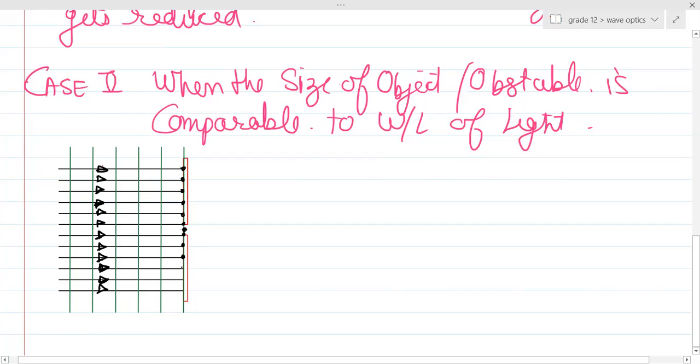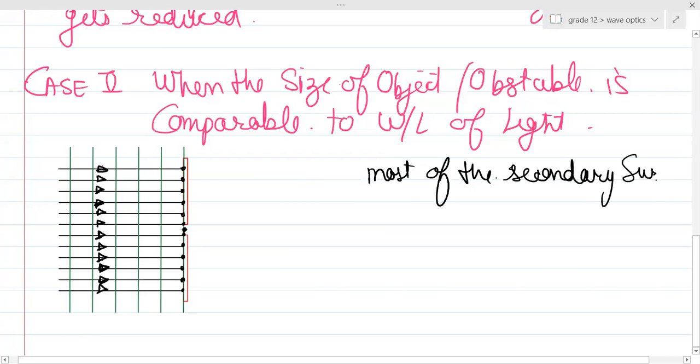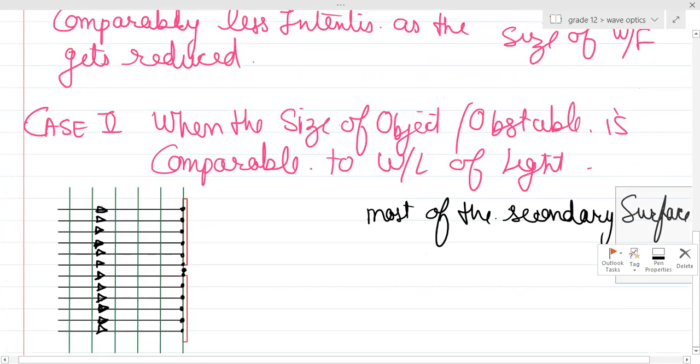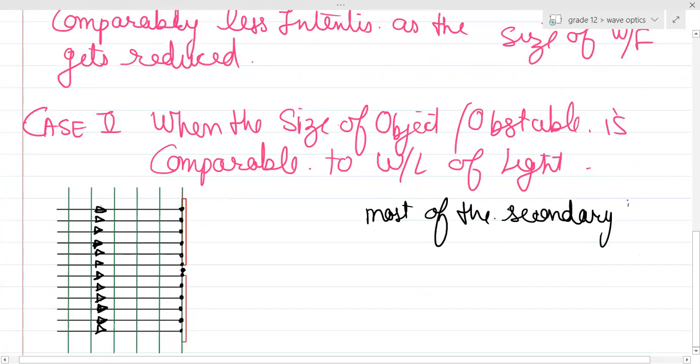So can you see there are many sources on the wavefront.